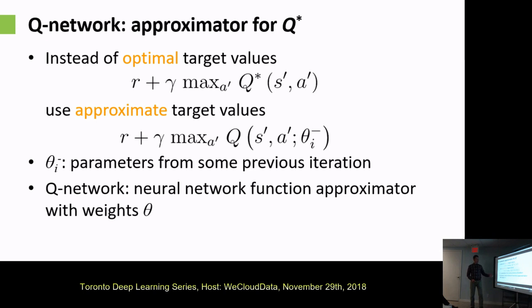And one way of parameterizing these thetas is through having a neural network, and thetas would become the weights of the network. Another thing here is that we're taking these thetas from some previous iteration, and as we'll see in the next slide, we want to keep learning and updating these thetas. But the takeaway in the slide is that we're using a neural network as an approximator for these optimal Q values.